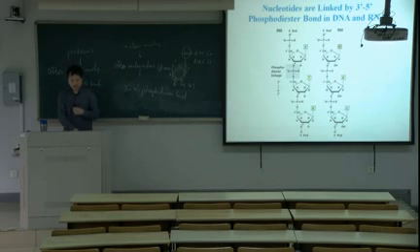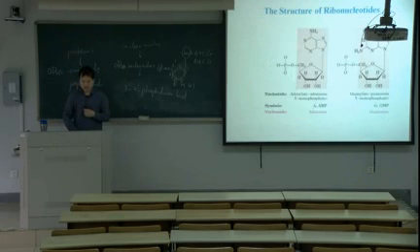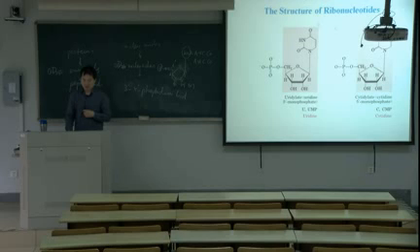Because now we have a structure that looks like this. In any nucleotide, we have at least 2 rings, okay? And we have to number the atoms in each ring. In DNA or RNA, the numbering on the base ring is 1, 2, 3, 4, 5, 6.